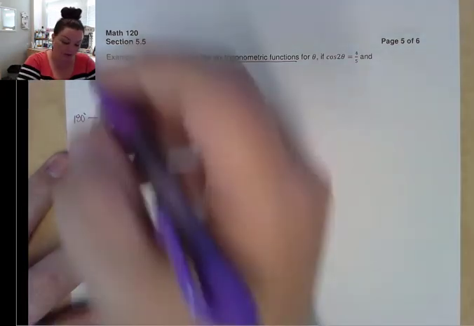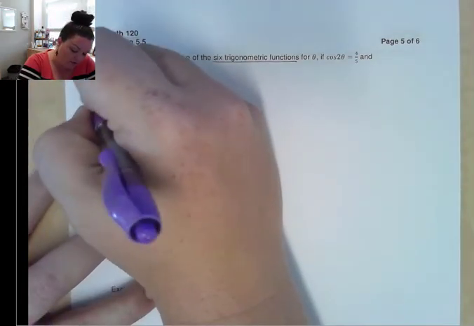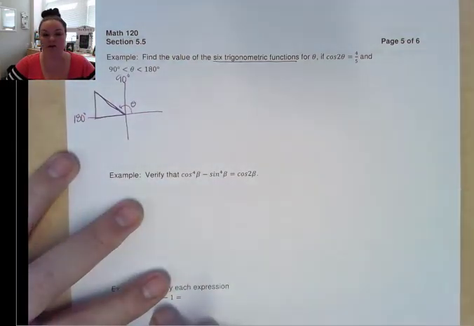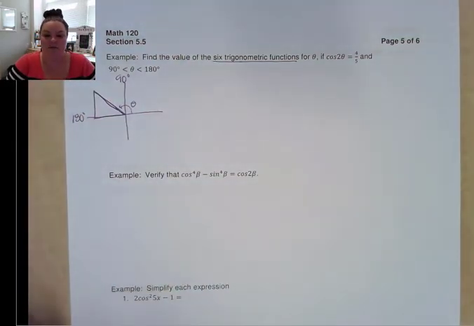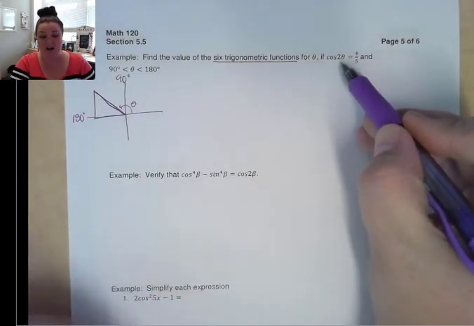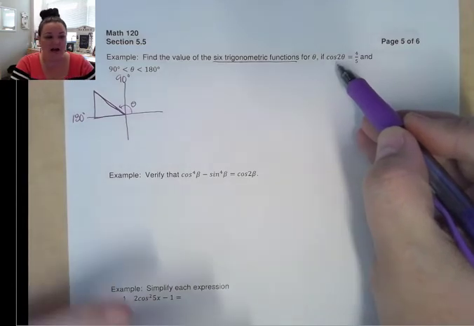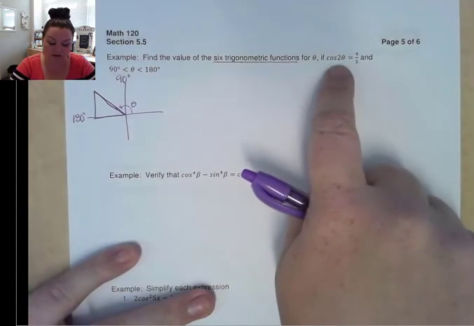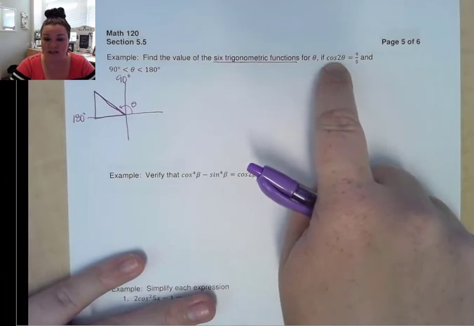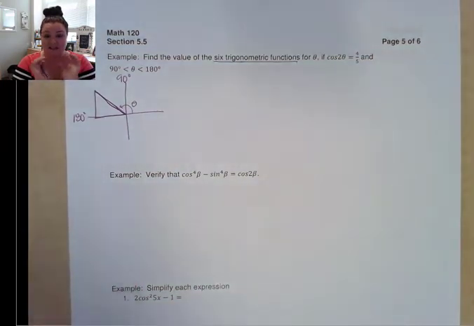So I'm going to go ahead and draw my reference triangle in quadrant 2, since I know it's between 90 degrees and 180 degrees. But I can't label the cosine value with 4 and 5 because this is cosine of 2 theta, not cosine theta. So I need to use one of my double angle formulas to see if I can use that to solve for regular theta instead of cosine 2 theta. I just want regular theta.